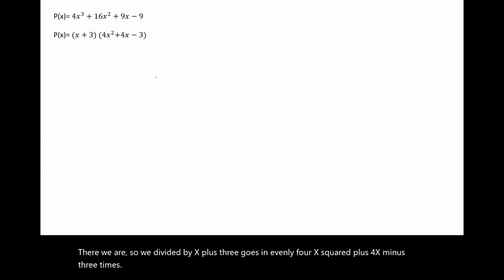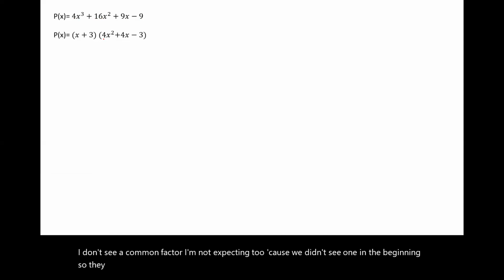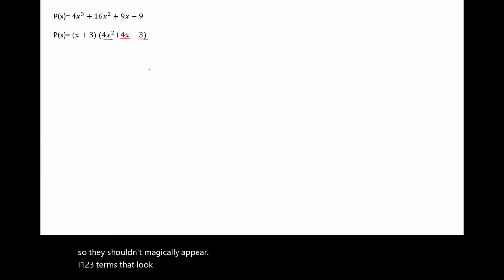Now, keep factoring. I don't see a common factor. I'm not expecting to because we didn't see one in the beginning, so they shouldn't magically appear. 1, 2, 3 terms, those look like a trinomial to me. What multiplies to 4x squared? Try 2x and 2x.